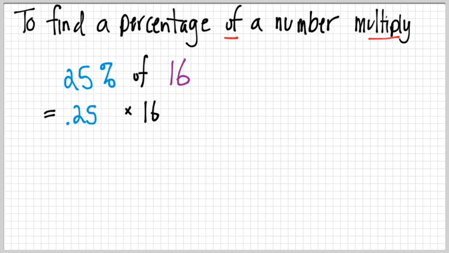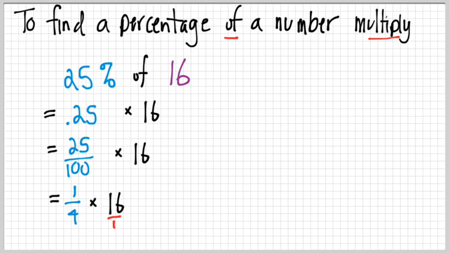Usually we want to turn the percentage into a decimal, and you can put that in your calculator or do it in your head, or you can make it into a fraction. So 25% is 25 out of 100, which simplifies to 1/4, which you probably knew straight away anyway. But 1/4 times 16 is of course 4. 16 over 4 is 4.